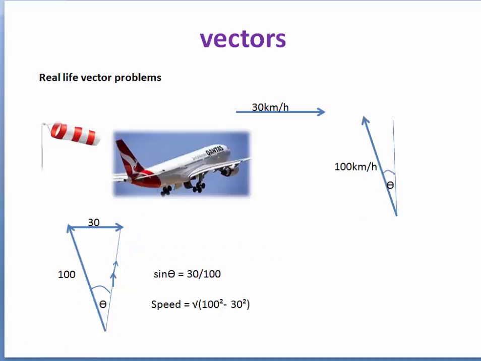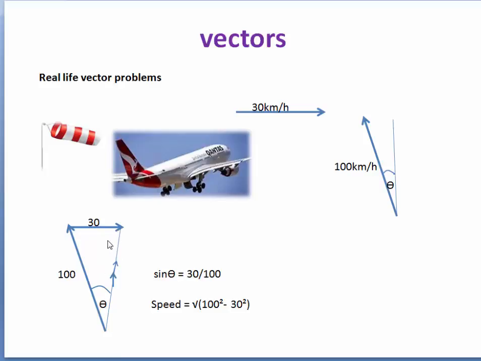Sometimes we can be given the same kind of question, but in a different format. We still got the wind blowing, and this airplane then tries to land exactly along the runway, but it has to do so because the wind's blowing. It has to follow this direction. It has to follow this vector, and because of this force, this vector acting in this direction, it goes thus and follows this path.